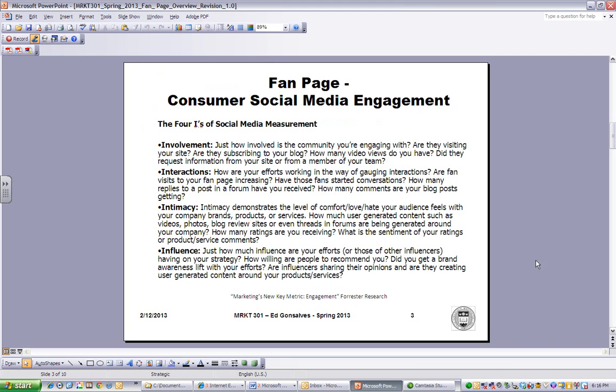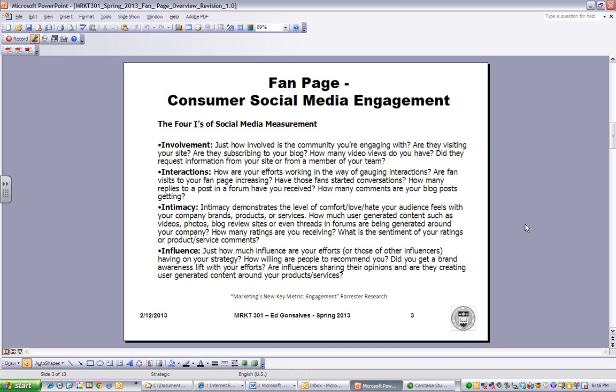They also cover the 4 I's of social media to consider when crafting your fan page: how do you get people involved and interacting with your site, how do you make the site intimate and something that elicits a reaction from your audience, hopefully a positive one, and then influence: how willing are people who go to your fan page to recommend it to others, and thereby broaden the influence of your page.